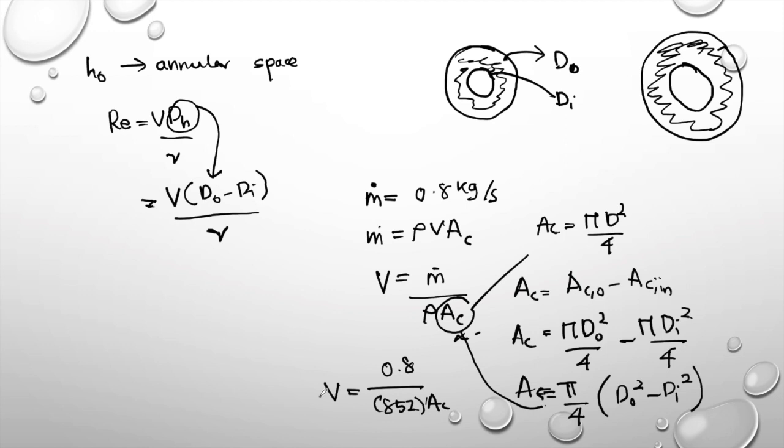So you will get the value of velocity that is equivalent to 2.39 meter per second. Now we already have the velocity value, and then we substitute into the Reynolds number equation.